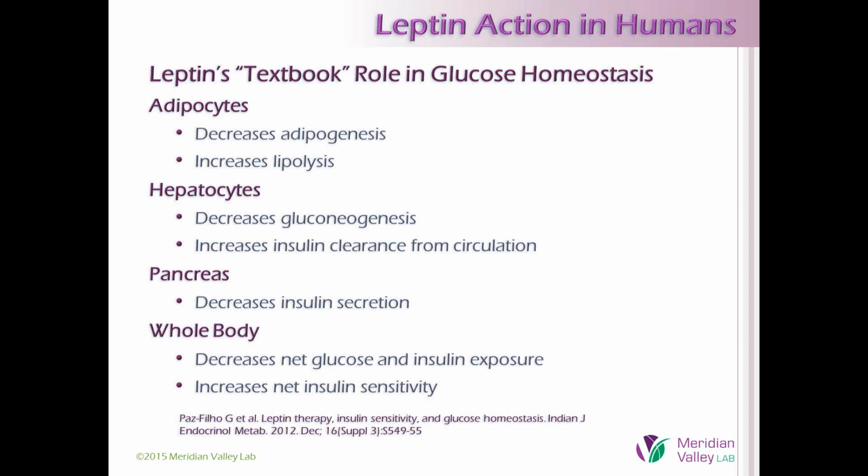We no longer have to conserve energy. We're going to decrease gluconeogenesis. We don't have to store so much. Again, we're in the fed state. We're going to increase insulin clearance. We're going to decrease insulin secretion from the pancreas. And then we're also going to increase the net insulin sensitivity all over.